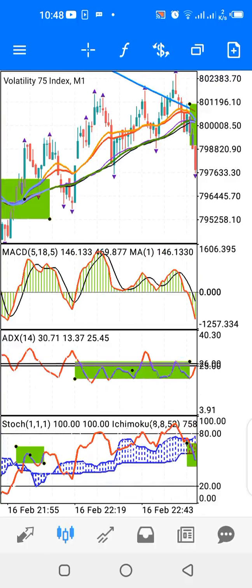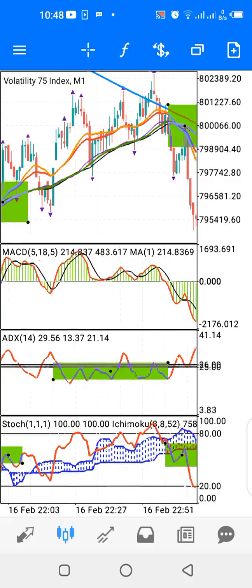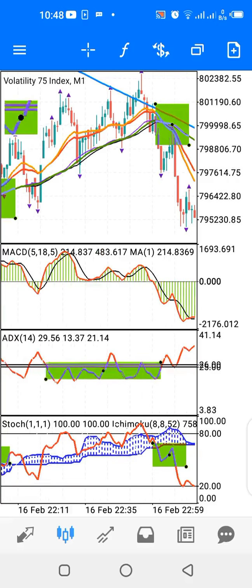Now, the alignment of signals on the main window, indicator window 1 and indicator window 3 should give you your signal if you are to buy or you are to sell. But don't forget indicator window 2 is to guide you when you are to stay out. If the line is below the 25, 26 levels, stay out.